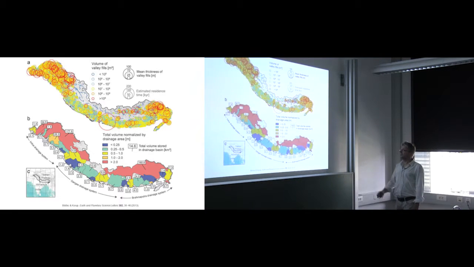And from this immense database, which in this case consists of more than 37,000 individual valley fills, you can do a lot of interesting analysis of how the whole fluvial network is able to actually evacuate this material, how much material is bound to be stored, and so forth. And then, of course, you can normalize the potential storage volume to give you an average sediment thickness per major catchment that is sitting around. Very useful if you're interested in regional scale mass balances of orogens and how they evolve.